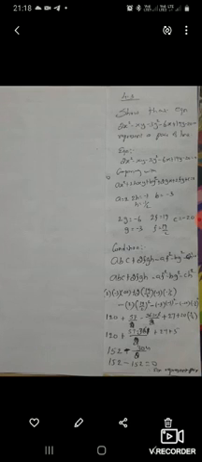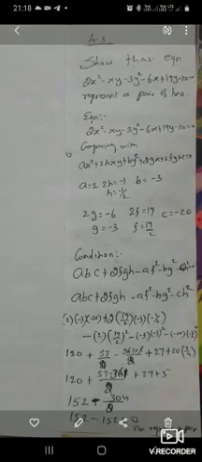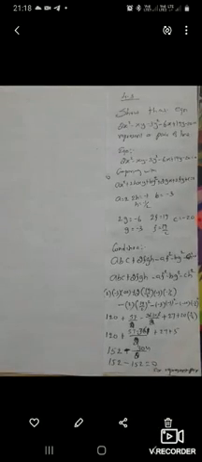So I wrote the condition on the left hand side and applied the values. First, we compared with the general equation and got all the coefficients. After getting the coefficients, we applied the condition. After simplification, we get 0. Therefore, the given equation represents a pair of straight lines.